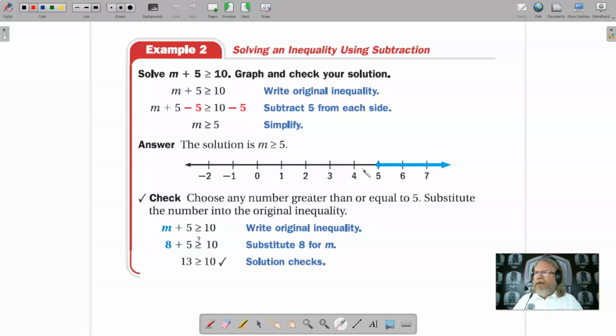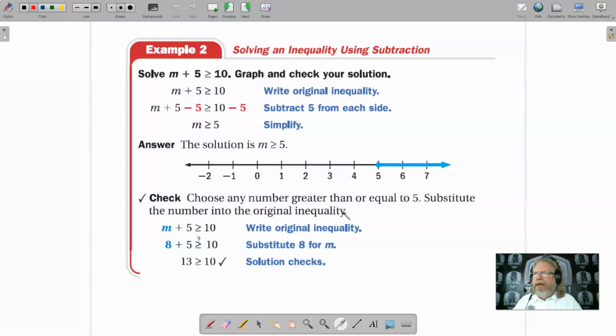Now notice that the arrow on our graph goes to the right, and also the inequality symbol has an arrow that's pointing to the right. So our m, our variable, is on the left, the number that we're plotting is on the right, and the arrow points to the right, and the arrow on the graph goes to the right as well.